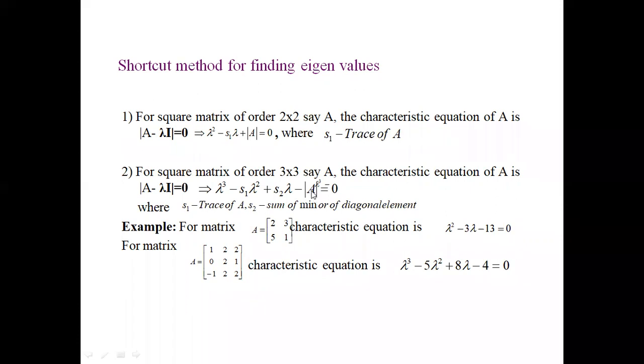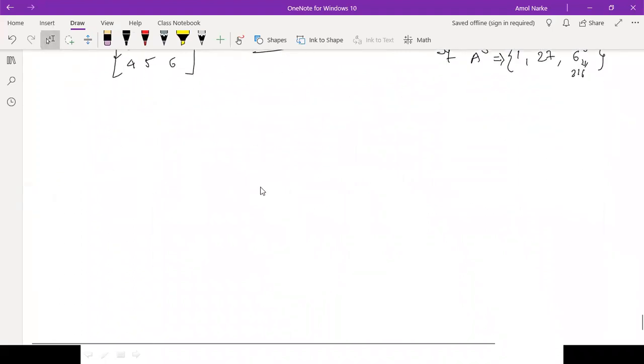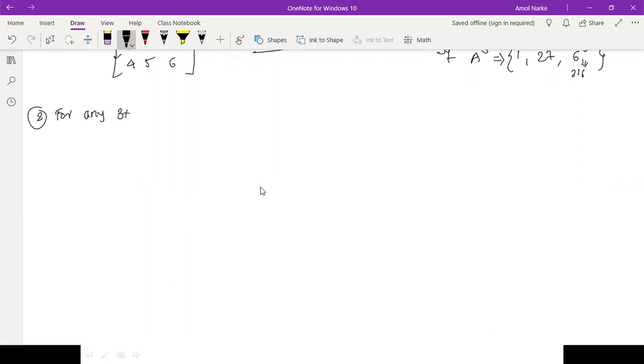So here it's not looking good, so I'm going to write here. Write down remark: for any 3 by 3 matrix, its characteristic equation will be lambda cube minus s1 lambda square plus s2 lambda minus determinant of A, which is equal to 0.